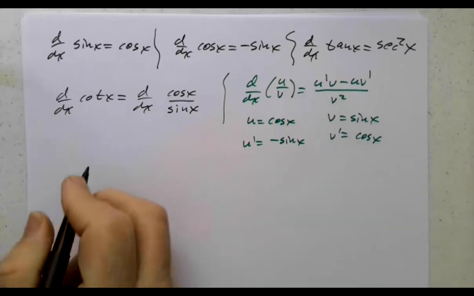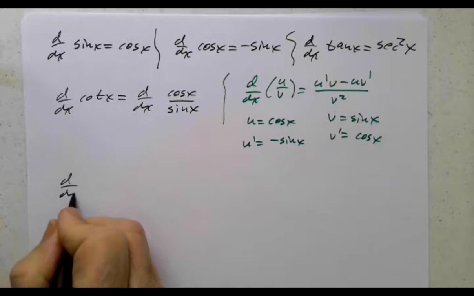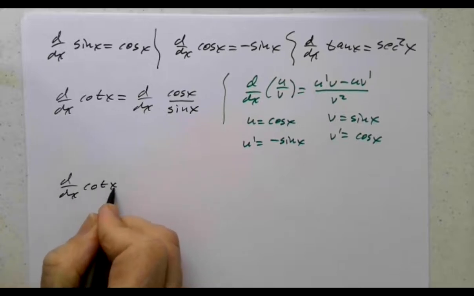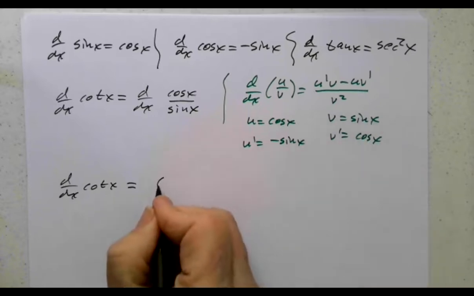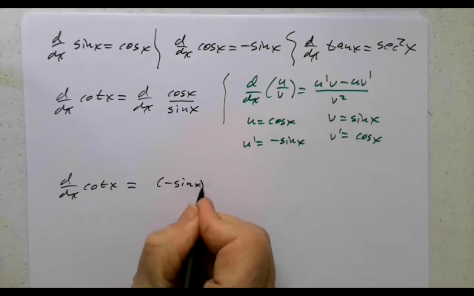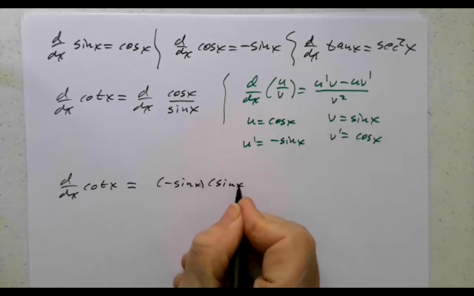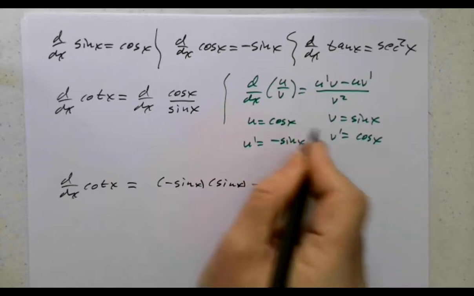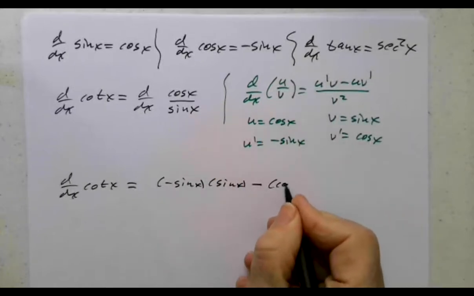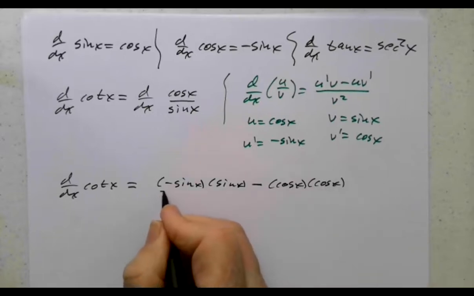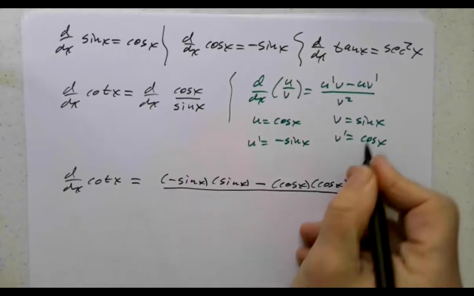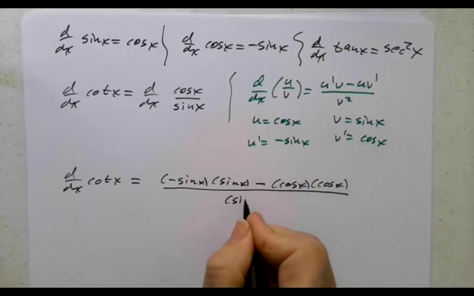The derivative of cotangent x is u prime v, so negative sine x times sine x, minus uv prime, minus cos x, all over v squared, all over sine x squared.